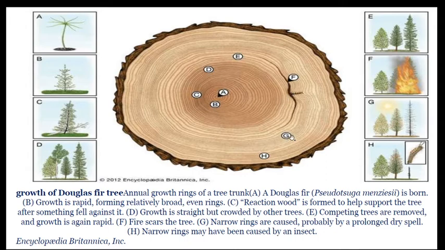G shows narrow rings which are caused probably by a prolonged dry spell. Here G can represent a time period or a year. At that time there is a drought, and due to that there is development of such narrow rings. While this H patch shows narrow rings which may have been caused by an insect.